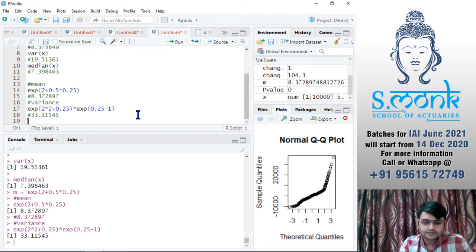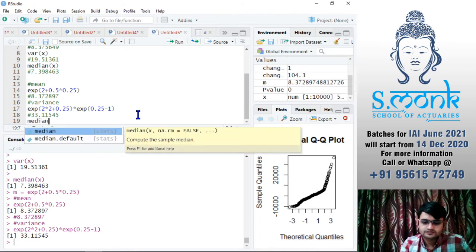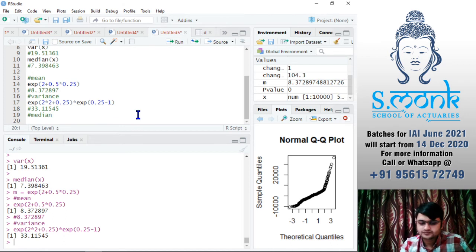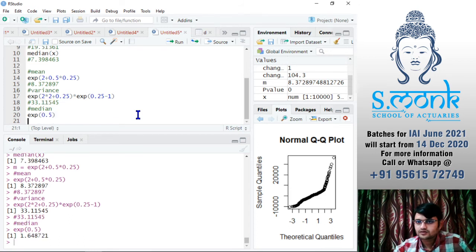And then median. Median is e raised to mu, so exp of bracket would be 0.5. So clearly mean is similar, but median and variance are not very similar.